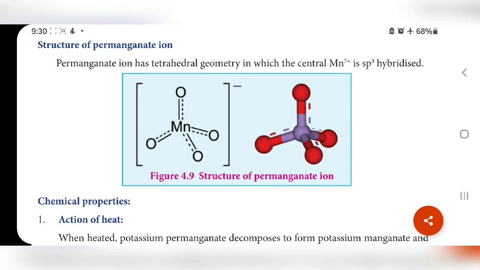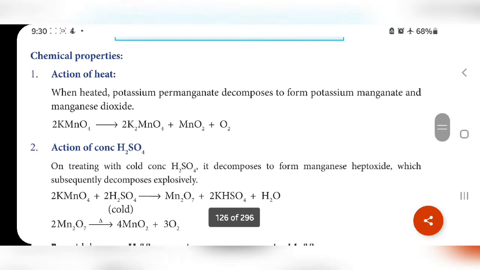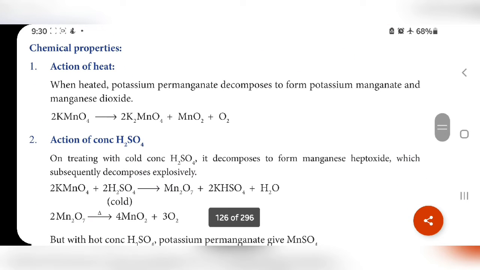Next one, chemical properties of permanganate ion. In chemical properties, action of heat is given. When heated, potassium permanganate decomposes to form potassium manganate and manganese dioxide.